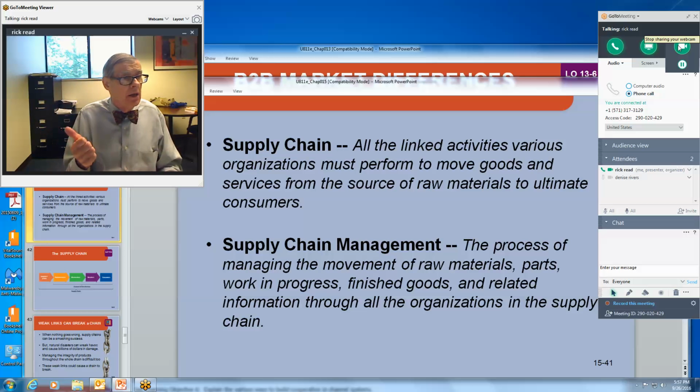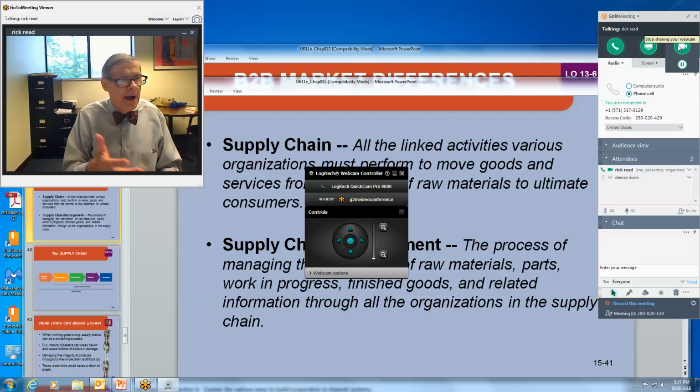Now, the ultimate consumer here may not be us, the end user, but for the most part probably is, but may not be. For instance, if you'd move coal to a power plant, that would be something different.